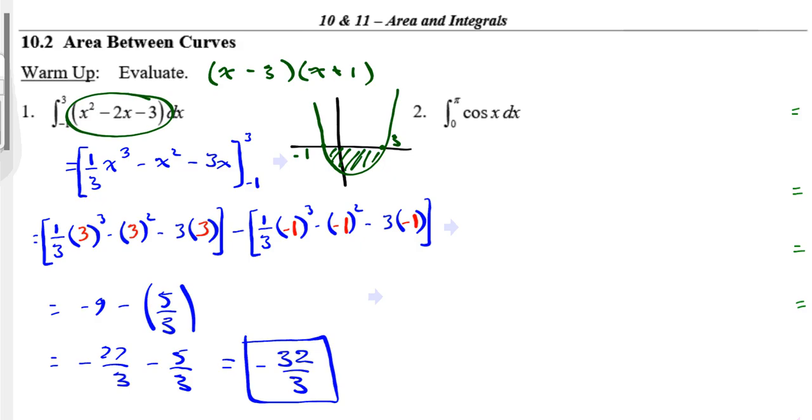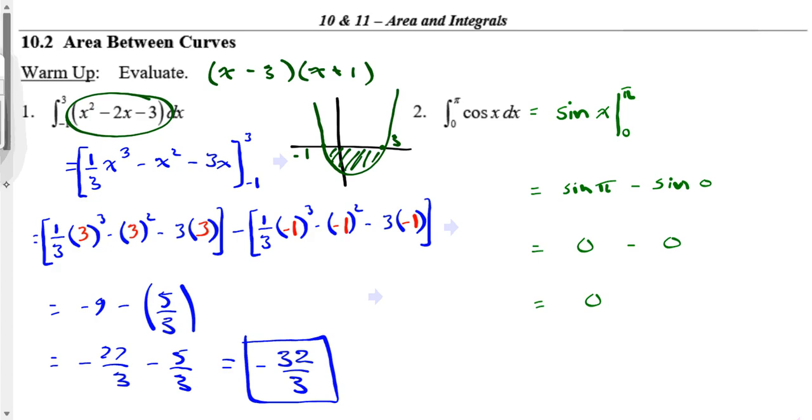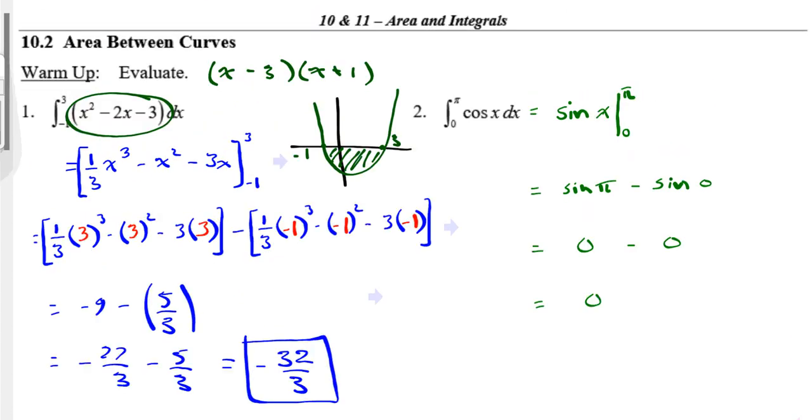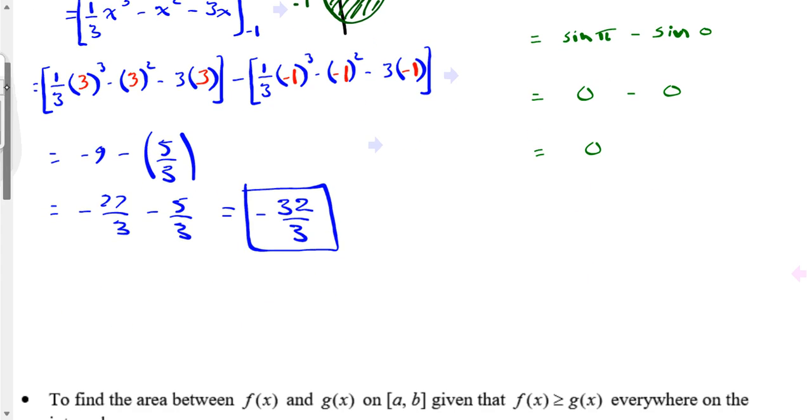Okay. So for the next one, the antiderivative of cos x is sine x, from 0 to pi, and we get 0 area. But no, because if we think of the graph of y equals cos x, there's pi.